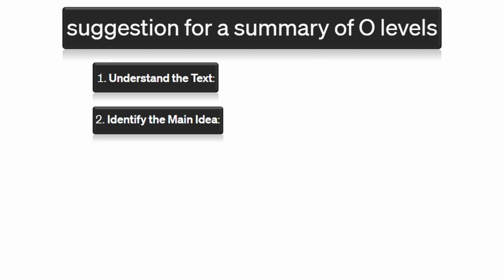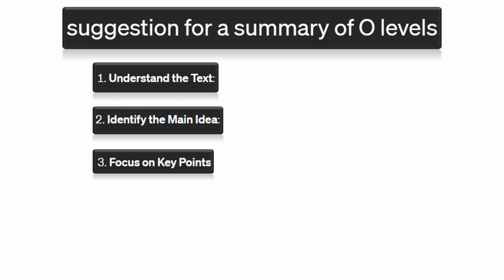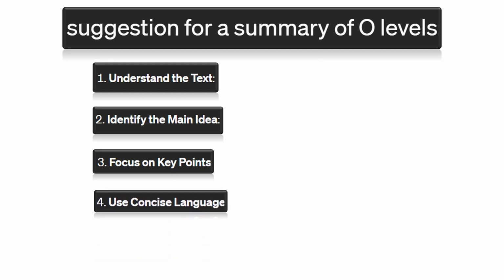By reading the text twice or thrice, the whole main idea of the text will come to your mind, and you can revise those points. So you will focus on the key points. You will select the main points according to the question word, and identify the irrelevant things that I should not add in my summary.